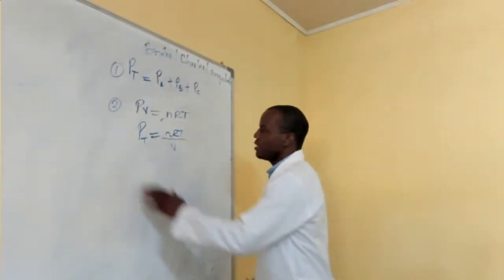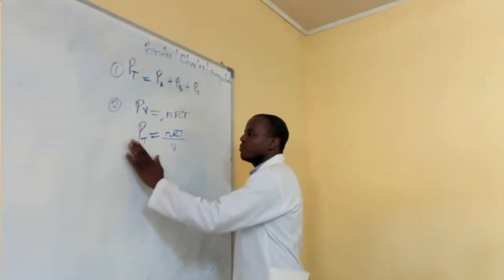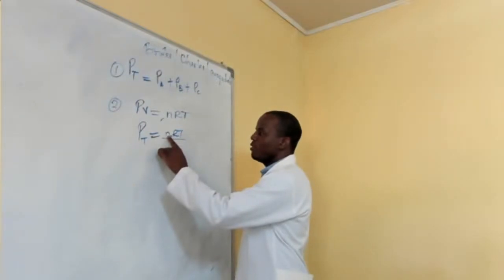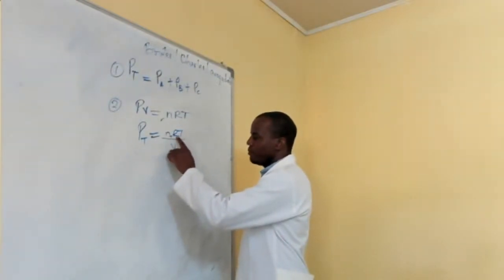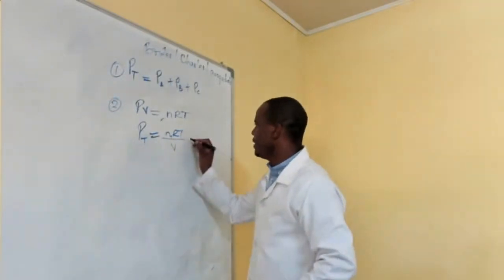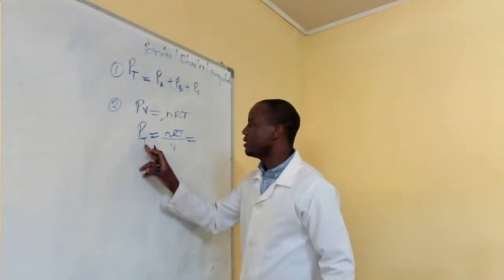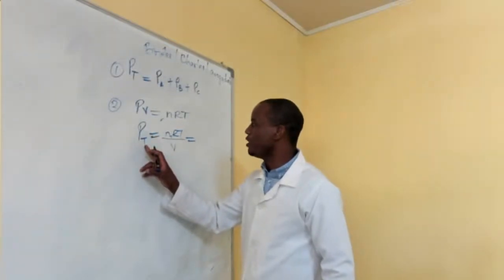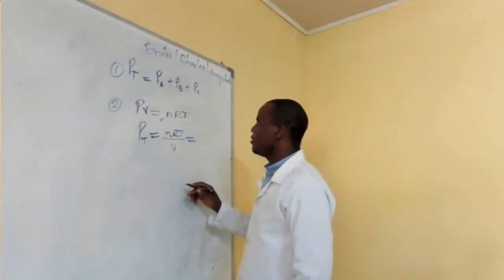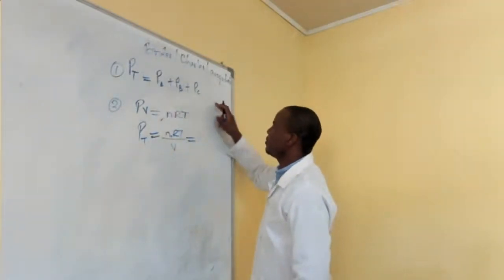Therefore, we can say that total pressure is equal to the total number of moles multiplied by R and T, and then divided by the volume. Meaning that if the total pressure is a sum of the partial pressures, then this will be equal to the summation of these partial pressures.